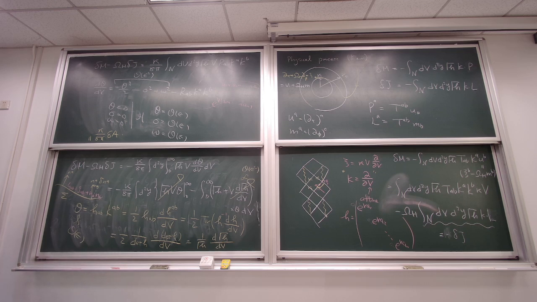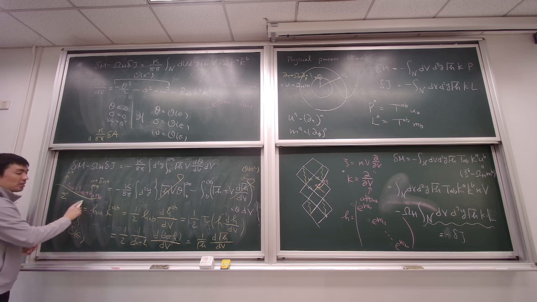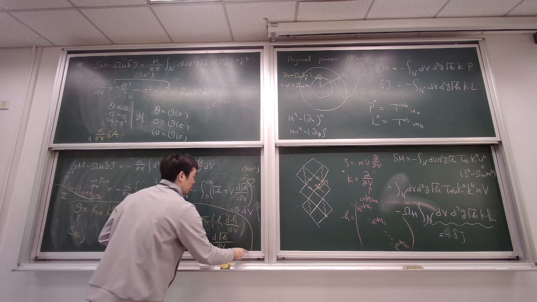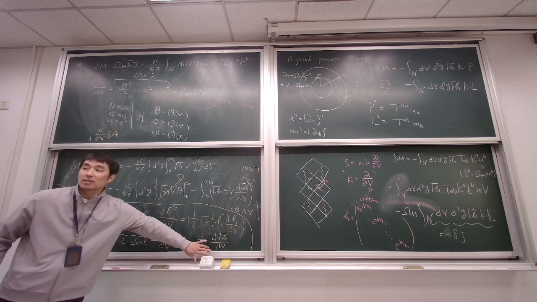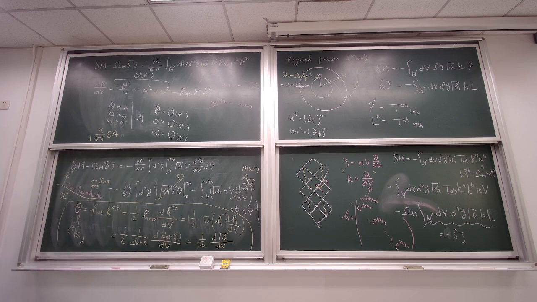So that's how you derive it. Last time I omitted this step, I didn't explain it, so I just need to remind you why theta can be replaced like this. So that's the difference between the change of the mass and the change of angular momentum.